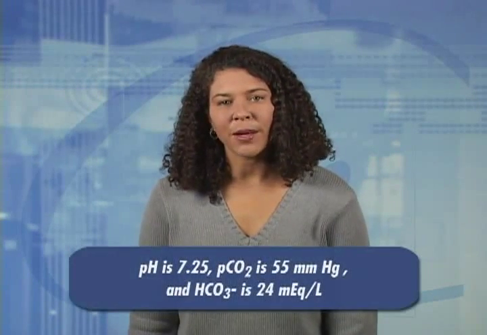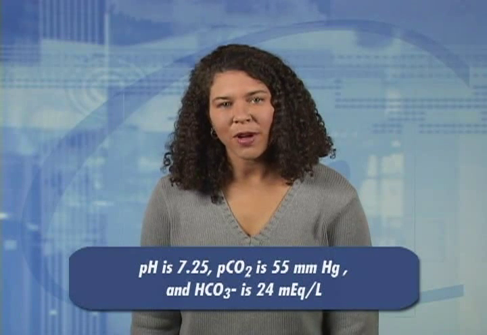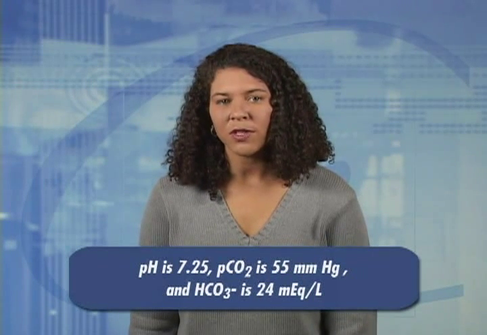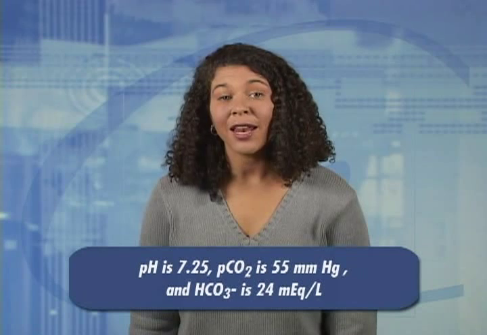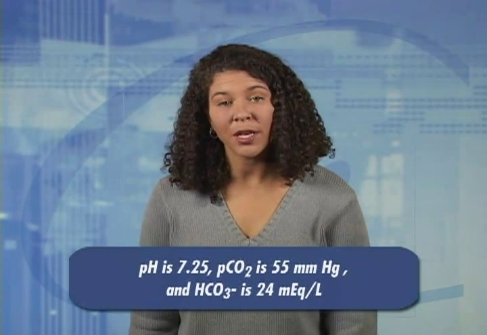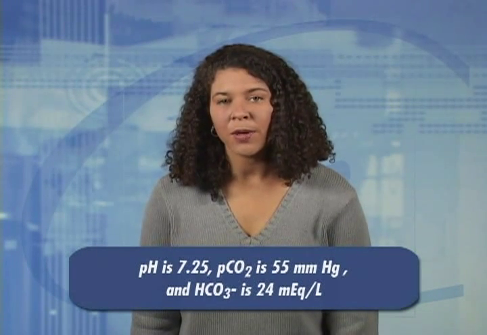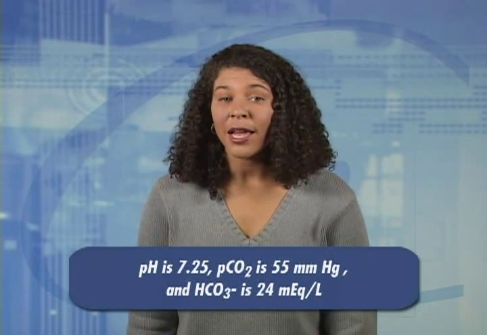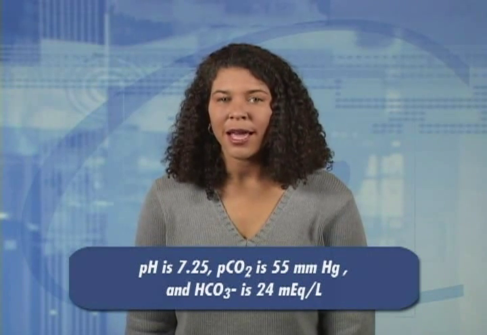Let's look at client number 3. Client number 3. pH is 7.25, pCO2 is 55 millimeters of mercury, and HCO3 is 24 milliequivalents per liter. The pH is low, therefore the client has an acidosis. Again, we must now determine whether the origin is metabolic or respiratory.